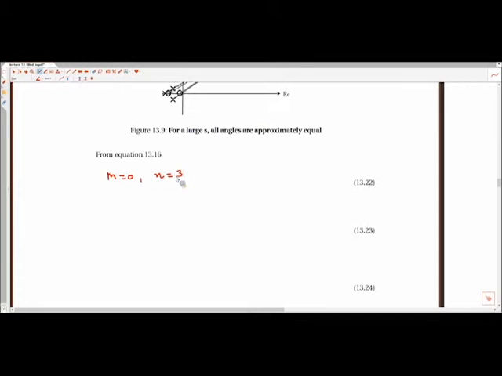By evaluating this, we get theta 0 is equal to 180 plus 0 times 360 over 0 minus 3. Just evaluating that expression, that's 180 over negative 3, which is negative 60 degrees.